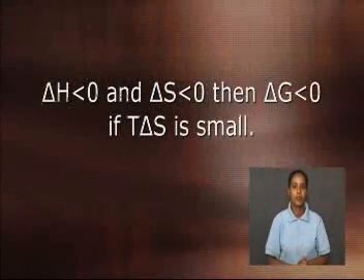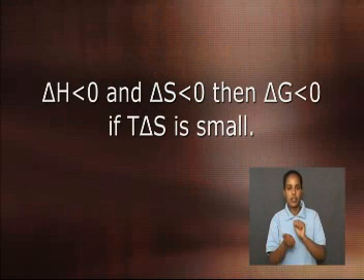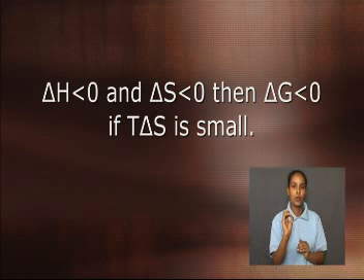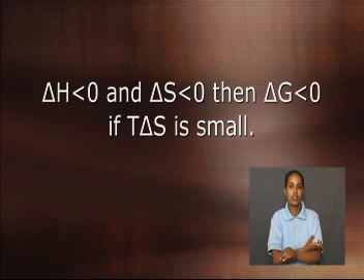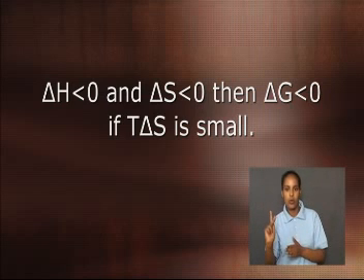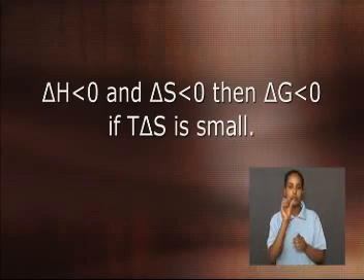Let us discuss two more criteria for spontaneous change. If the change in enthalpy and the change in entropy are both less than 0, then the change in Gibbs free energy will be less than 0 if the product of temperature and change in entropy is small.